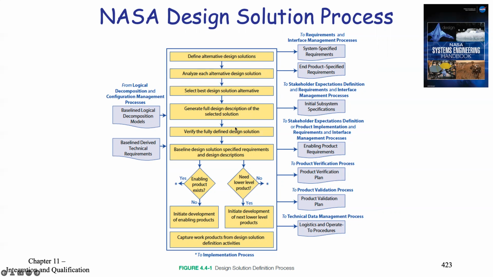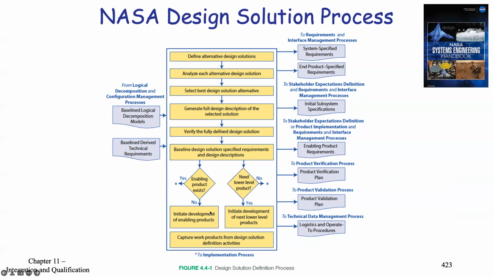From there, you want to verify the defined design solution. Does it actually meet everything that you need for what you're trying to accomplish with this mission? Then you can have a baseline design solution specifying the requirements in the design description. And so do we need to use products that are always there, or do we have to develop something on our own?